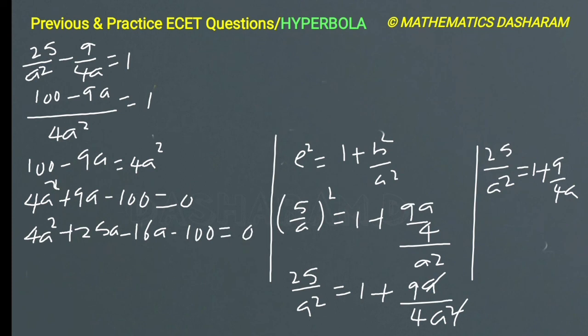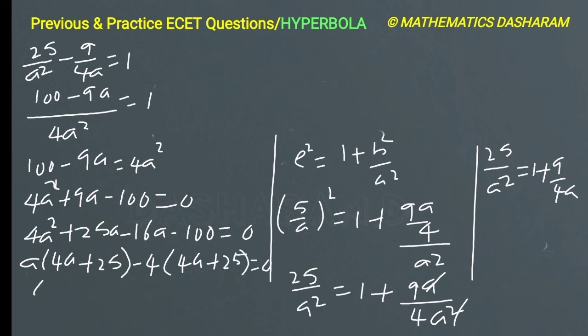From these two we can take the a common, just a, 4a plus 25. From these two take minus 4 common. So 4a plus 25 into a minus 4 equals to 0.